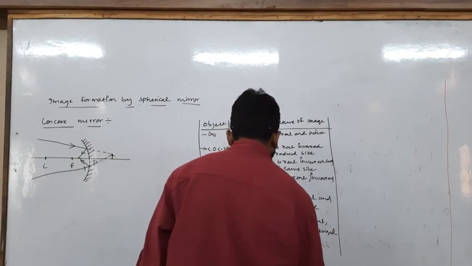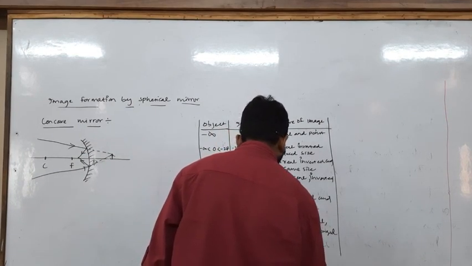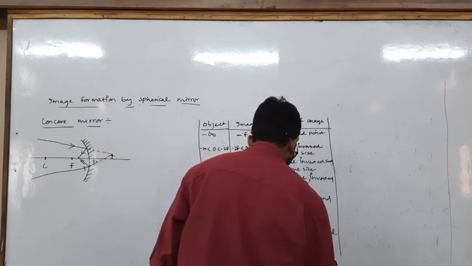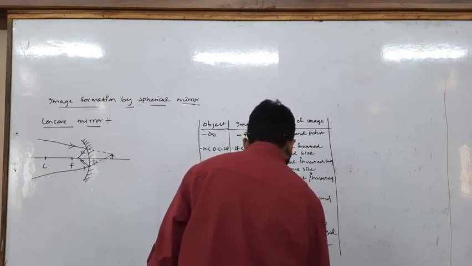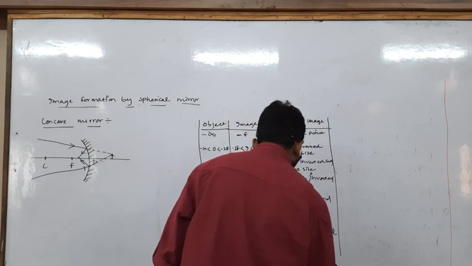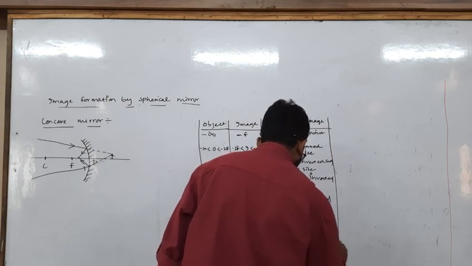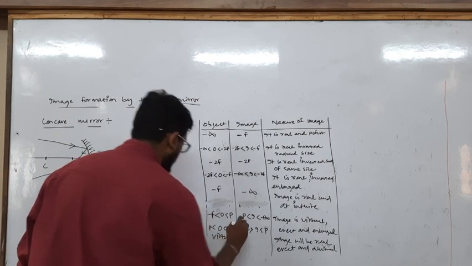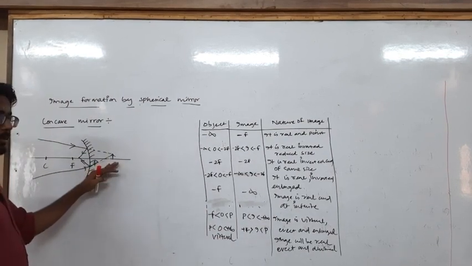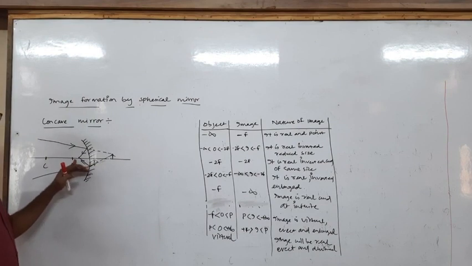So the image will be real, erect and diminished. But here the object is virtual. Okay, so here the object is virtual, and the image is real, erect and diminished.